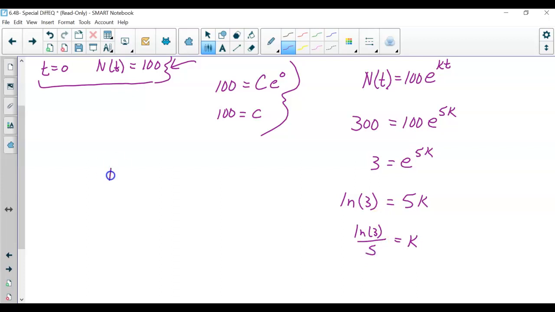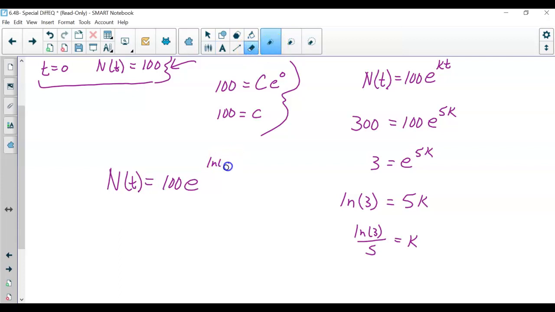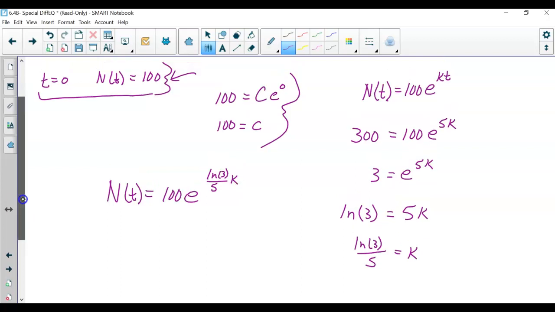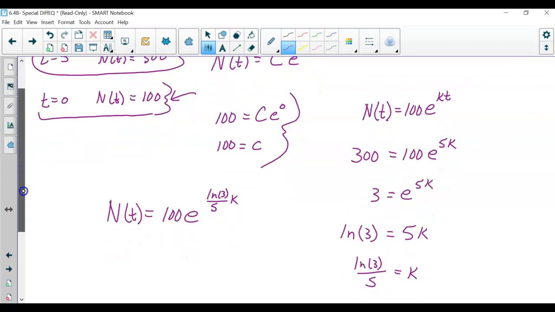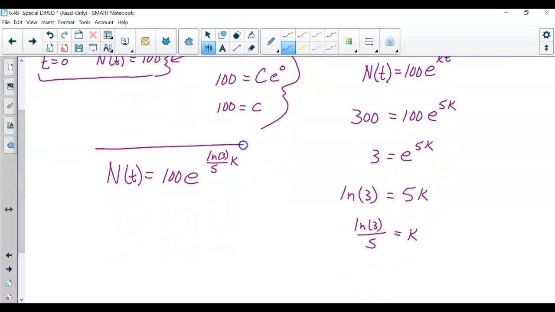Well, that means my function, n in terms of t, equals 100 e to the ln of 3 divided by 5 times t. Okay, that is my function. Okay, that is my particular solution to this equation, and I want you to know that it would be a good answer on the AP test.